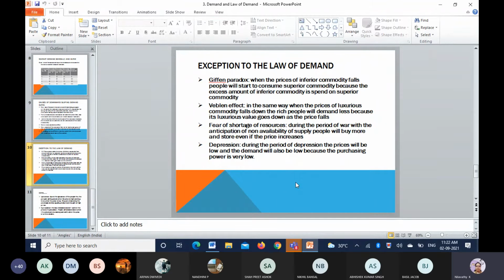Other than these two concepts, there are many other things, like there can be a fear of shortages of resources. During the period of war, and even right now, like last year during the initial period of the pandemic when they started the lockdown, we faced this.